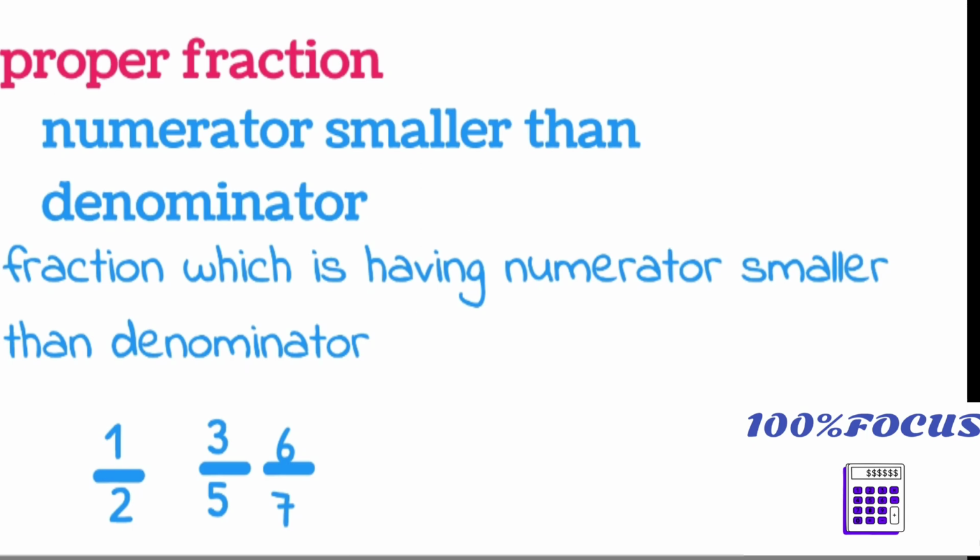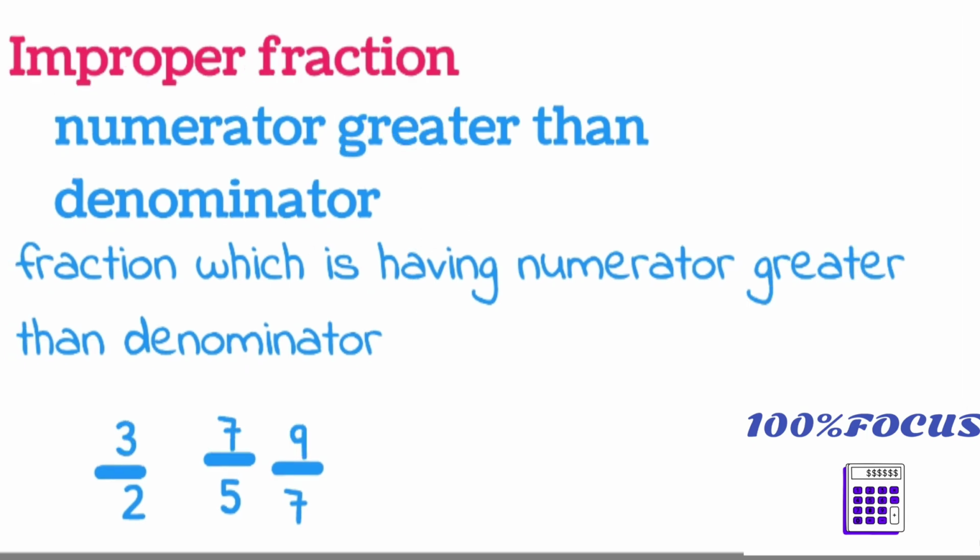The examples are 1/2, 3/5, 6/7. Numerator smaller, denominator higher, greater. Numerator smaller than the denominator, then we are going to tell it as proper fraction.